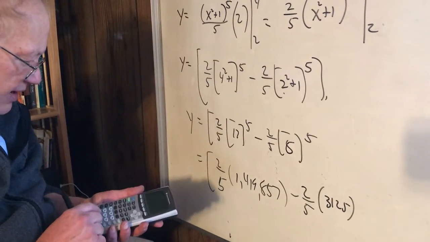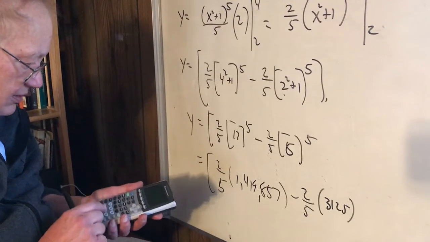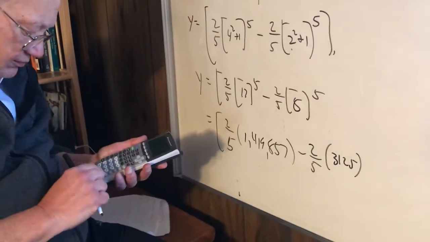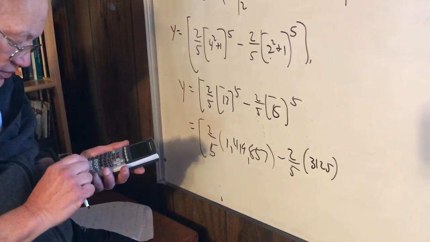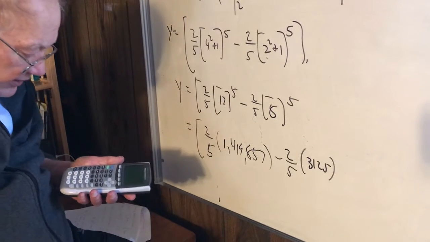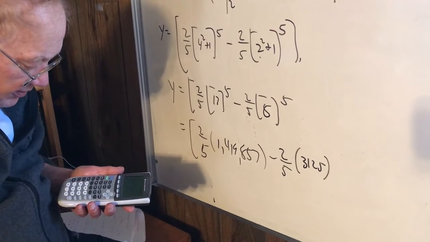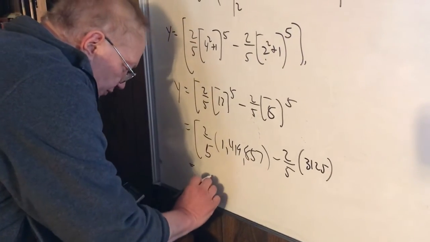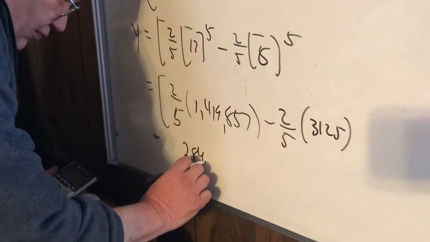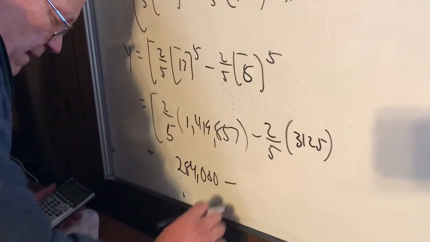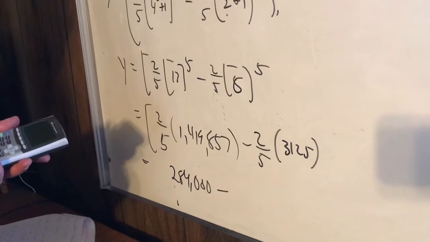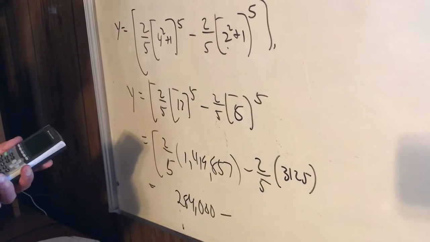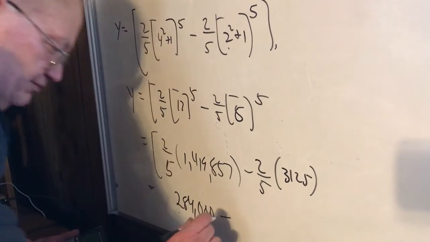Multiplied by 2, that gives me 284,000. I'm just going to round them off. Minus 1250.